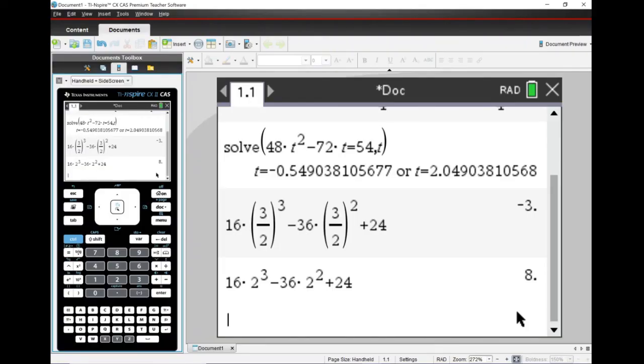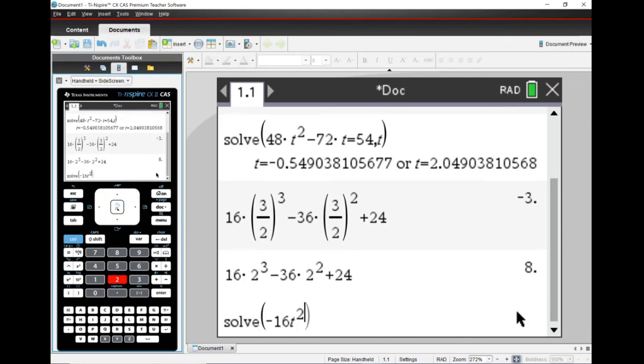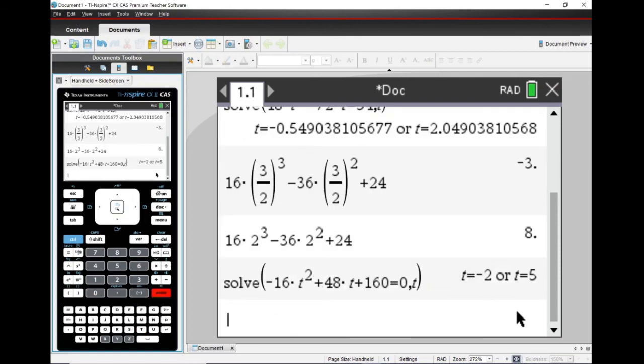So my initial function was negative 16t squared plus 48t plus 160. I want to solve that, setting it equal to 0. When does it equal 0? At negative 2 or at 5. And that means this was definitely factorable.